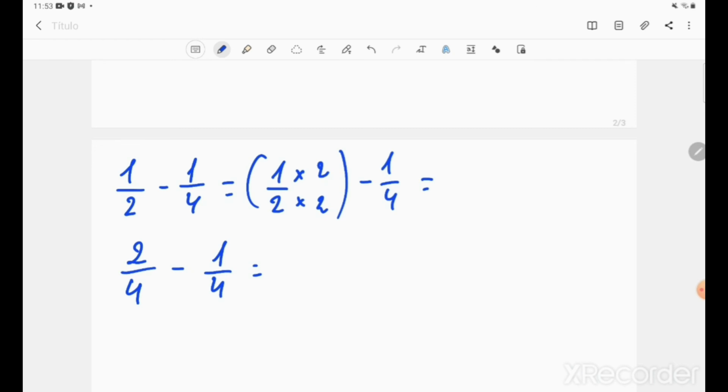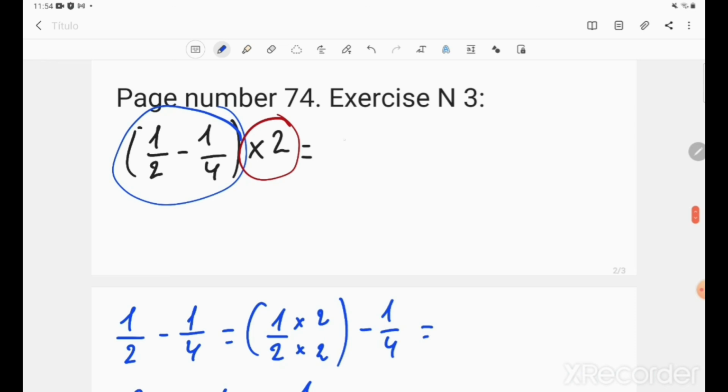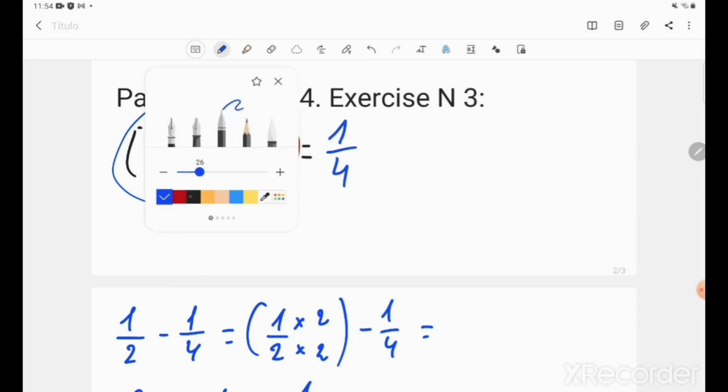So let's continue. Now how to make this subtraction? Basically the denominator stays the same, and here is the subtraction. 2 minus 1 equals 1. So we know that this subtraction equals 1 over 4, and now we are going to multiply.